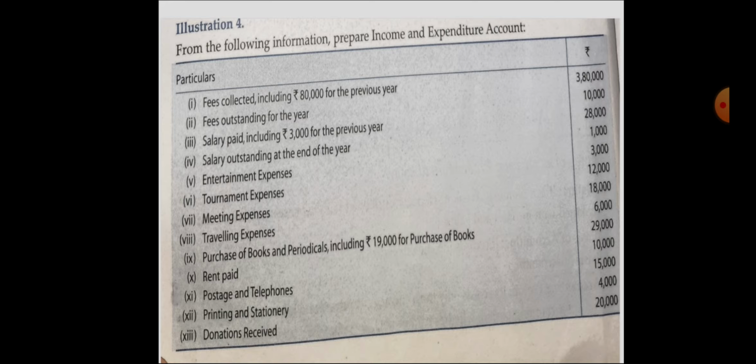Next transaction, salary paid including rupees 3,000 for the previous year, 28,000. In this transaction also you can see salary paid. That means paid, what is it? It is an expenditure. So total salary you have paid is 28,000. Out of that 28,000, 3,000 is of the previous year. So from this 28,000 you will deduct 3,000 which is of the previous year.